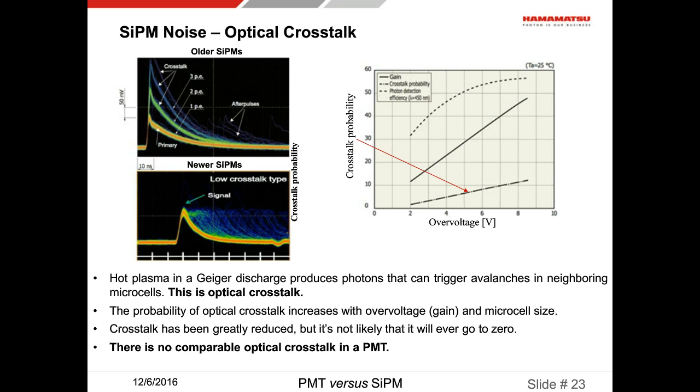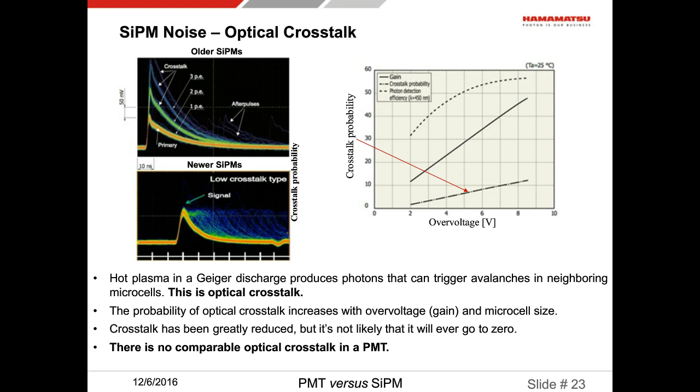However, some may go in the direction of neighboring pixels, create an electron-hole pair, and one of these two carriers may inject itself into the high field region, creating a discharge there. Because the crossing time of photons is very, very small, photons, after all, move with the greatest speed, those secondary discharges are simultaneous with the primary. That's crosstalk.